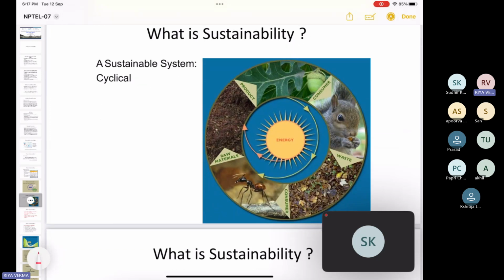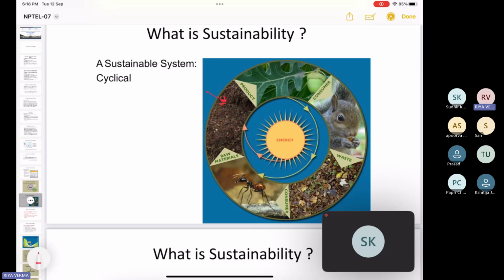If you want to see the best example of any process, we can just look towards nature, because nature is the biggest teacher, and it has designed everything in the best way possible. Just look at this example. It is a cyclic system. We can clearly see that the raw material is formed by decomposed matter.